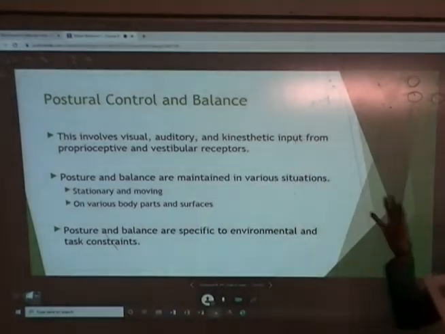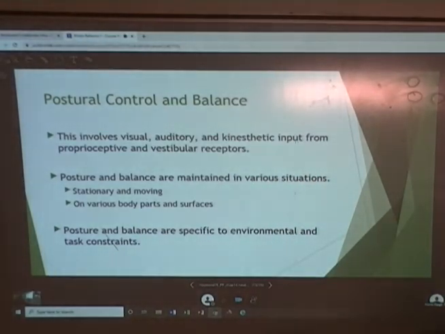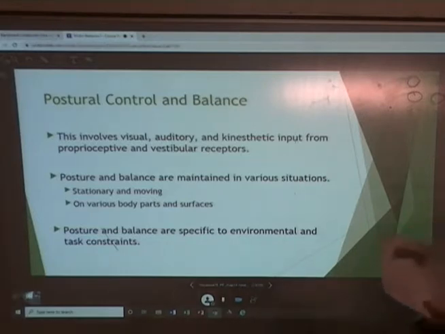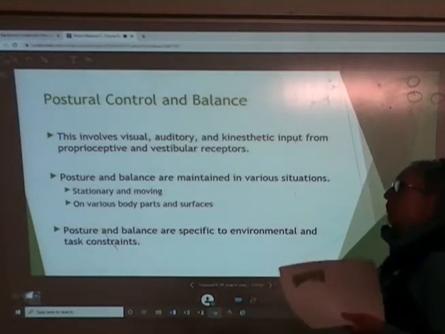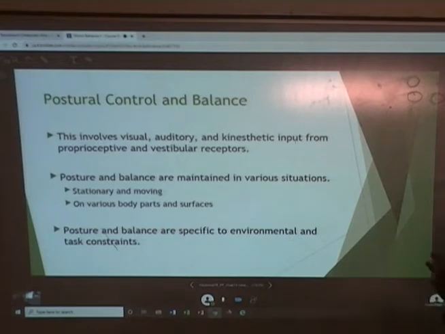So then we also have a lot of perceptual information, a lot of sensory information that we use to control our posture unconsciously most of the time, and our balance in different situations, right? So we use visual information. Humans are very visually dominant.